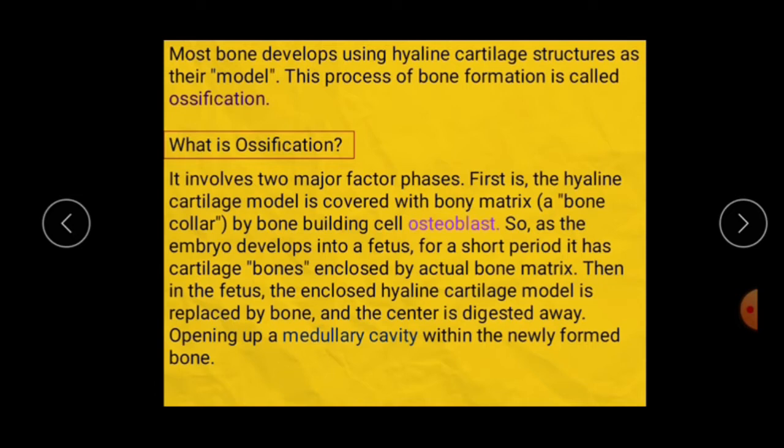First is the hyaline cartilage model is covered with bony matrix, yung bone collar natin. And yung bone matrix, it is secreted by osteoblasts to form a bone collar. Now, the bone collar prevents nutrients from reaching the hypertrophic chondrocytes, causing them to degenerate. So, yun yung ginagawa ng bone collar.